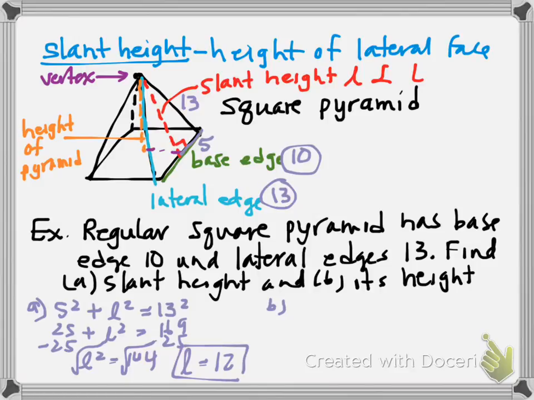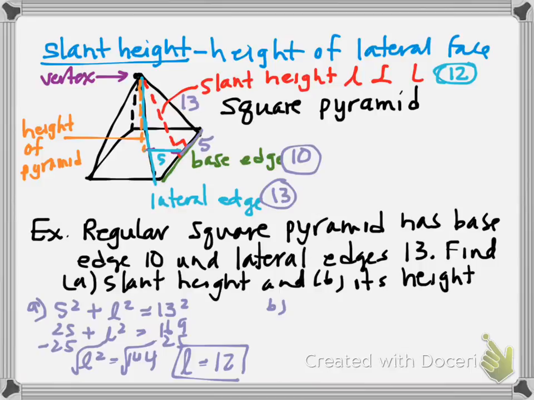So now that I know that that is 12, I'm going to make that a different color. So now I can say he's 12. I know if a base edge is 10, from the center to the base edge would be half of that, or 5.